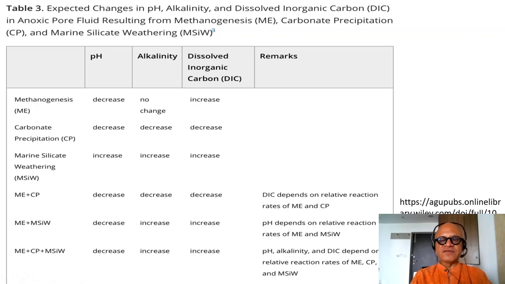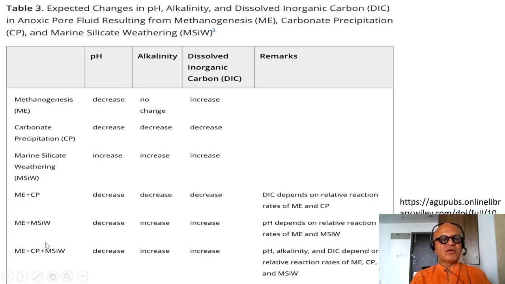So the chemistry of this gets more and more complicated. If you combine methanogenesis with marine silicate weathering, then you get pH decreasing but alkalinity increasing, which makes sense, and DIC increases. So here pH now depends on relative reaction rates of methanogenesis and marine silicate weathering.